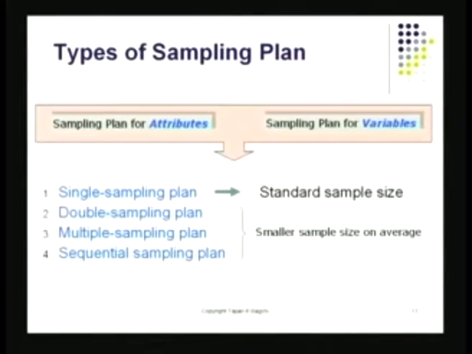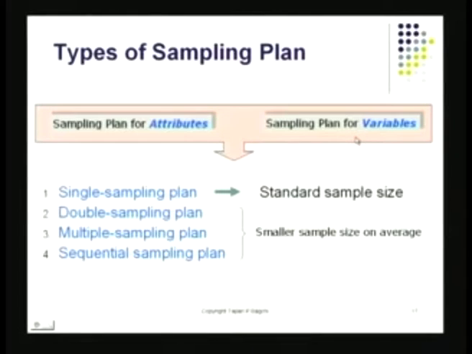So I've now got two different ways to summarize this. I can do my sampling based on attributes. These are quality characteristics that can be classified as good or bad. When I'm looking at attributes, I do inspection and sort items into good items and bad items, based on some quality characteristic that I call an attribute of that item.